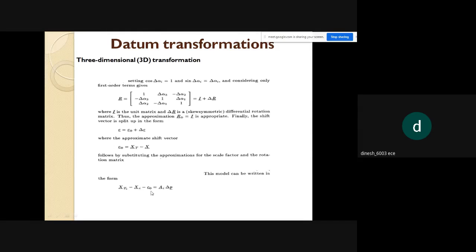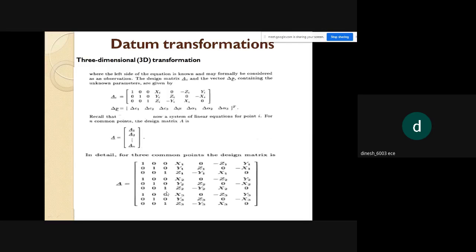Thus we get xt minus x minus C naught equal to A into del p. This is the matrix representation with unit vectors, the identity matrix, and the equal relation for rho.